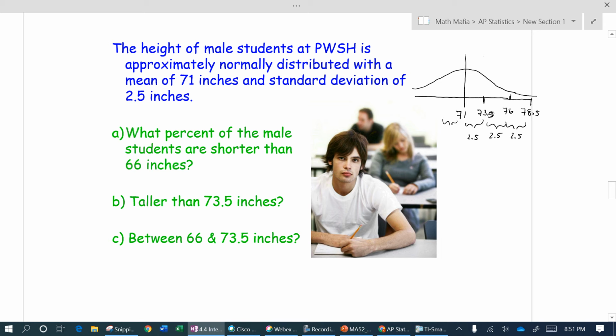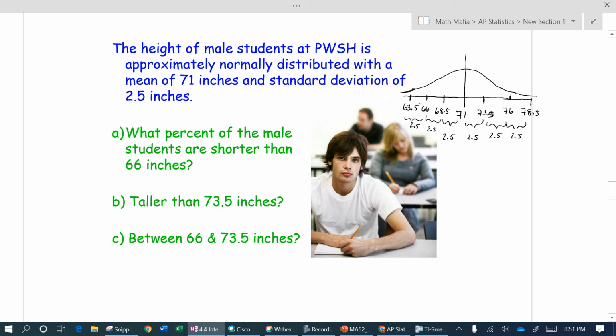Going in the other direction, still a distance of 2.5 away, we would have 68.5, and then another standard deviation of 2.5 would give us 66, and then another would give us a value of 63.5.